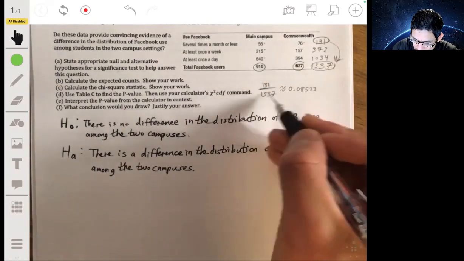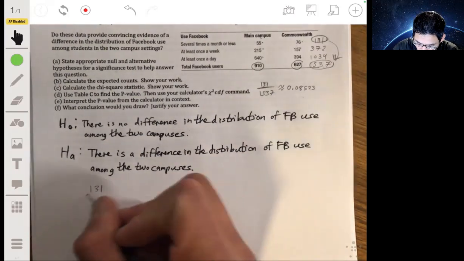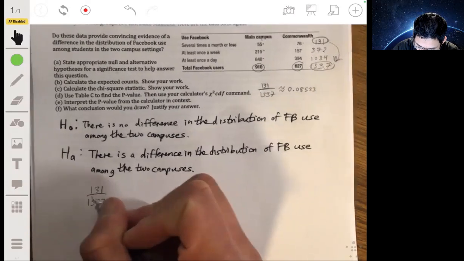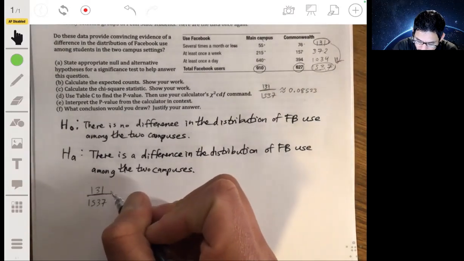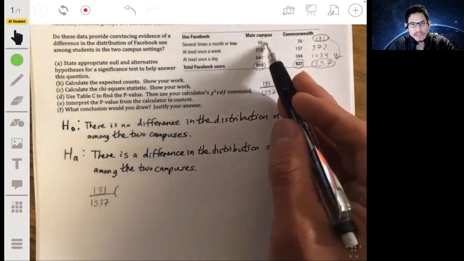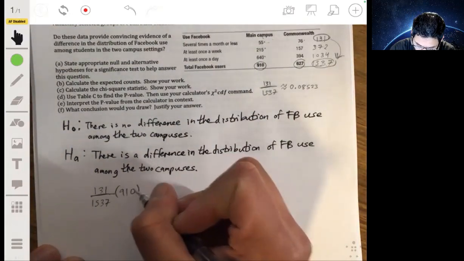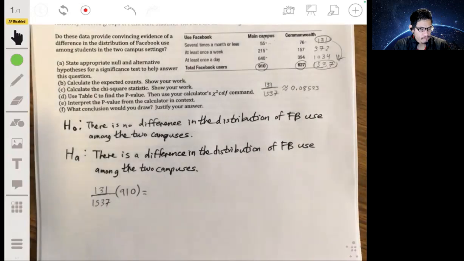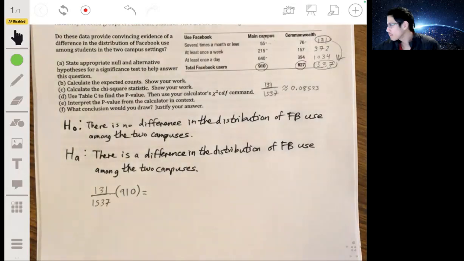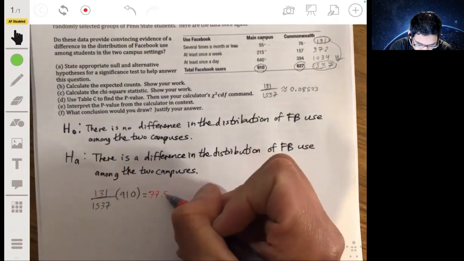So this value, that's the proportion, 131 over 1537, multiplied by 910, and that'll give us this expected count up there. Calculating, we get 77.56.